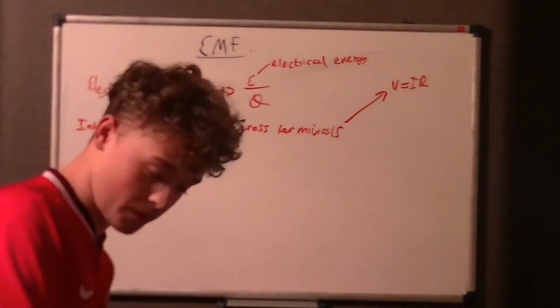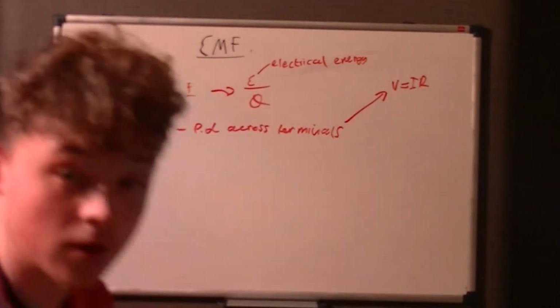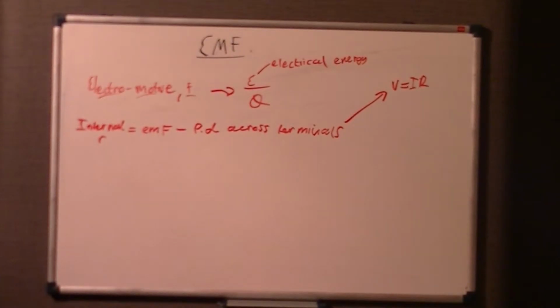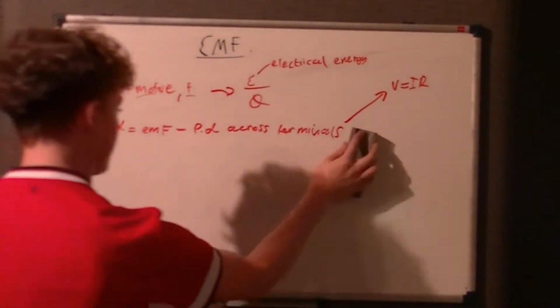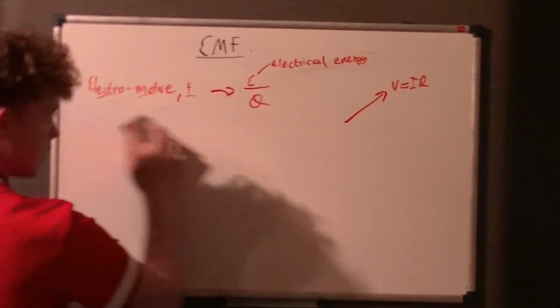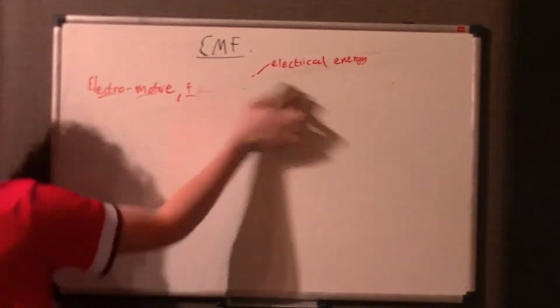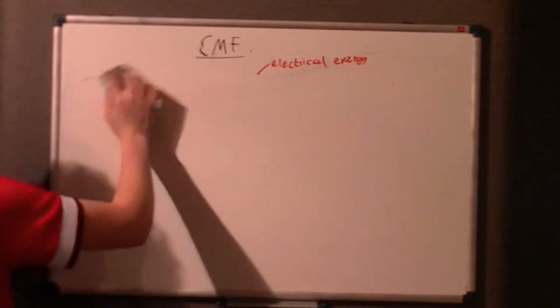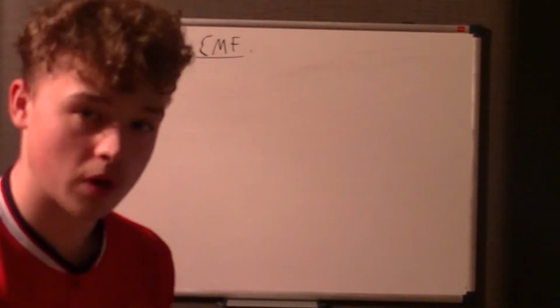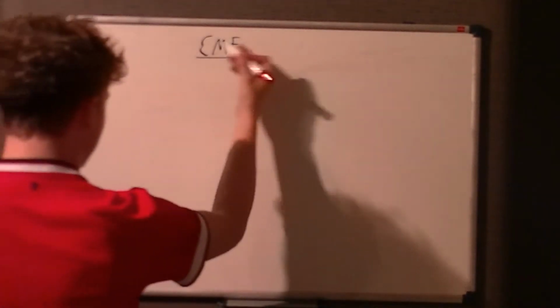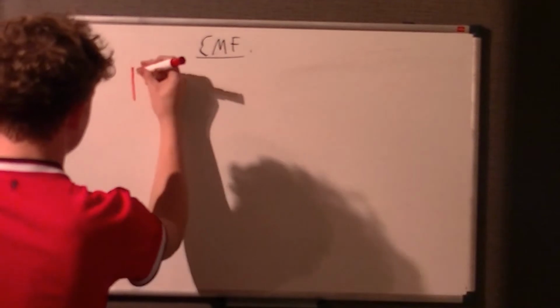Now I'm going to rub this off and hopefully you've got that down. So what we're going to go on to now is give you a bit of a scenario about how we can use this theory of electromotive force. So we'll say we've got a battery here, just copying it from the diagram.